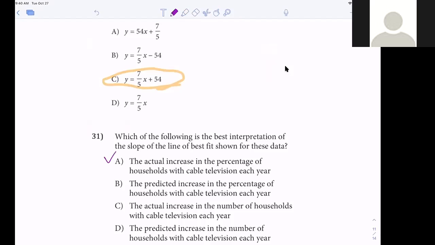Wait, it can't be the actual. The actual increase, I'm reading them all, right? It sounds reasonable. The predicted increase in the percentage of... is it a prediction? Yeah. Okay, so we'll talk about that one. And the actual increase in the number of households.